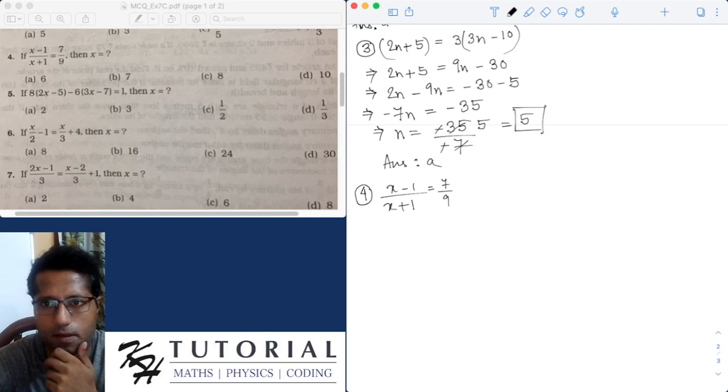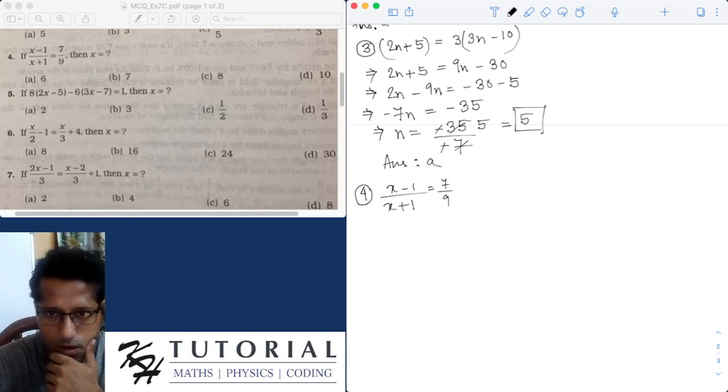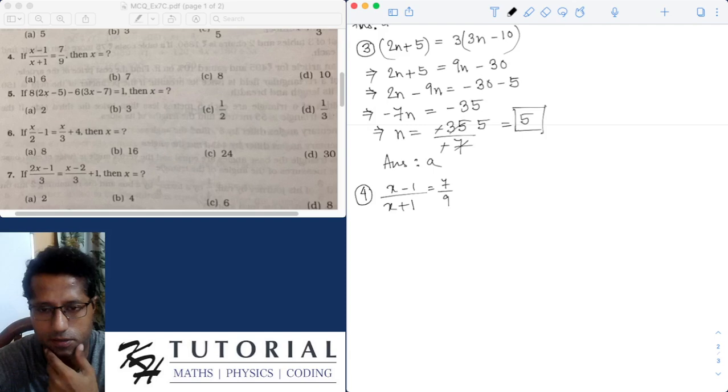So far, all the denominators had constant numbers, so we were able to multiply both LHS and RHS with the LCM of all the denominators. The same thing can be done in this case, where the denominator has the variable.